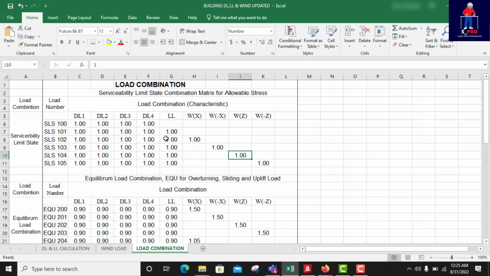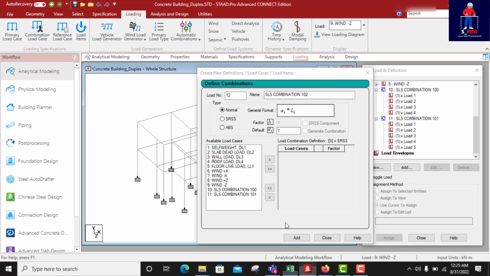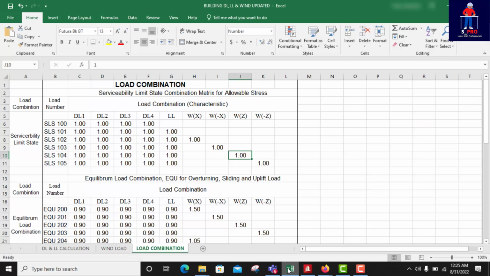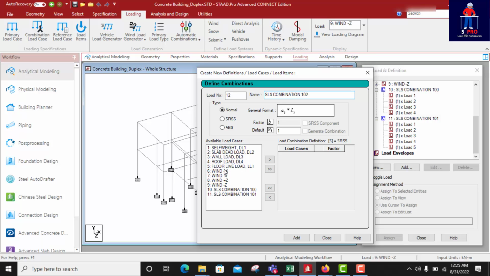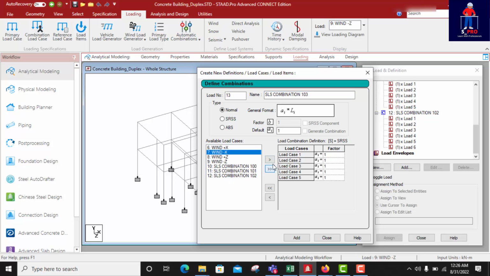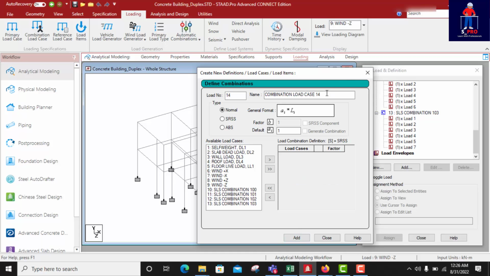So the third one is with the positive x. I'll have this from this to this with a factor 1. Add this one. Then 103, we have all these with x in negative direction, factor 1.